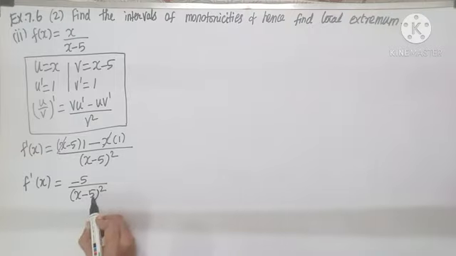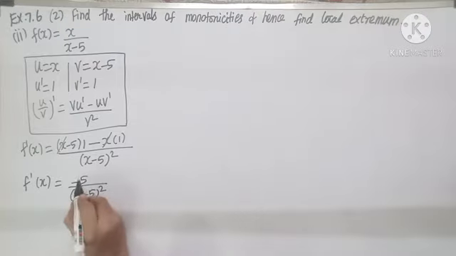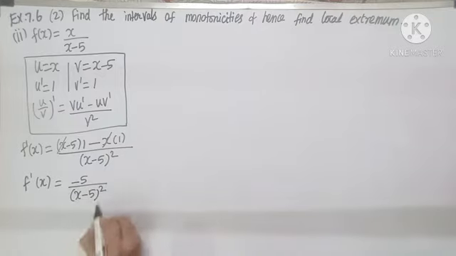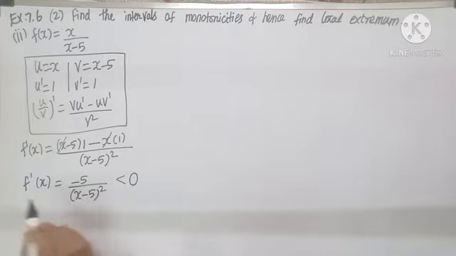x minus 5 the whole square is always positive, but minus 5 is always negative. So this entire answer I will say less than 0. f dash of x, unlike the previous problem, I cannot make it equal to 0. The denominator is a perfect square, so it is always positive.